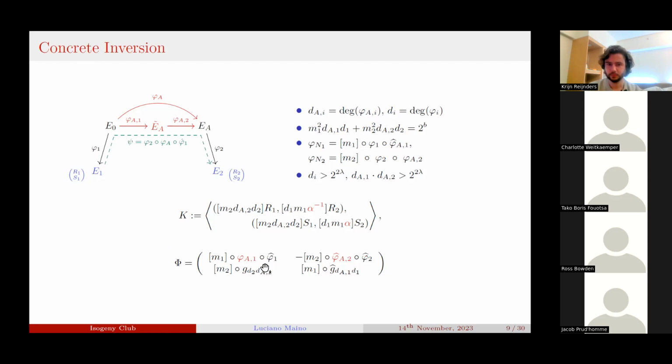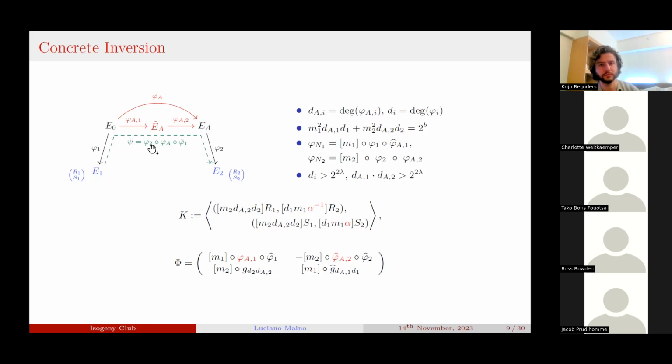So let's analyze the first component. In the first component, you have the dual of phi 1 composed with phi A1 composed with the scalar multiplication. M1 is public, it is a parameter, so everybody knows that. Then phi A1 is part of your secret key, and that's the reason why I split phi A into parts.